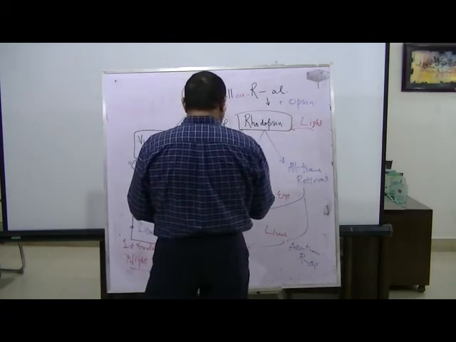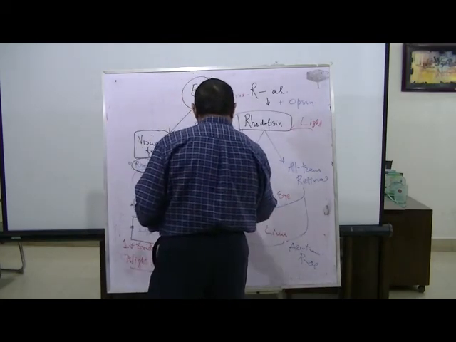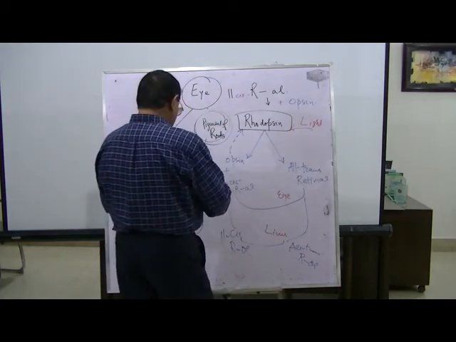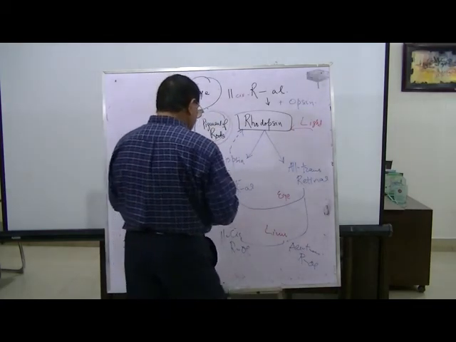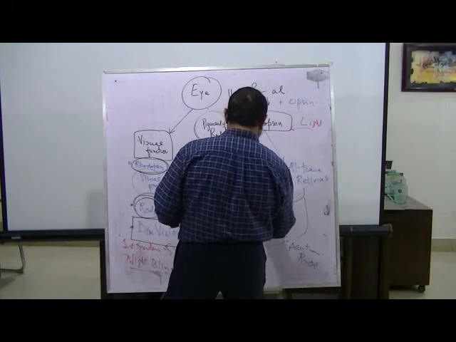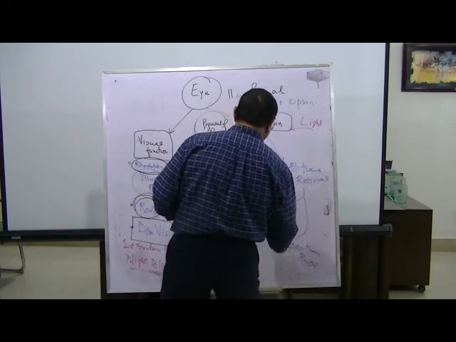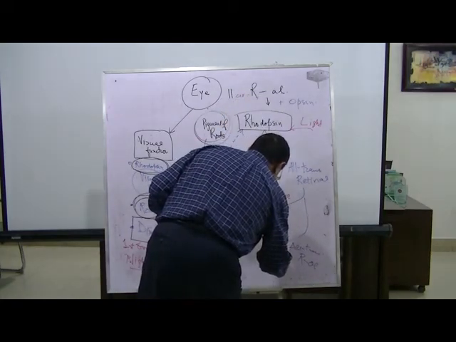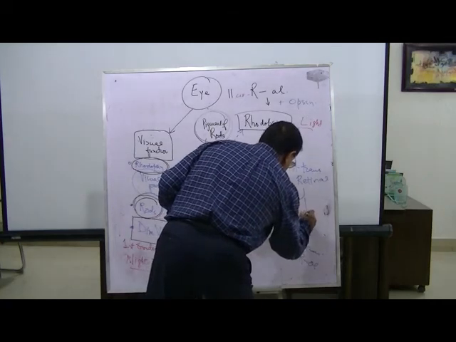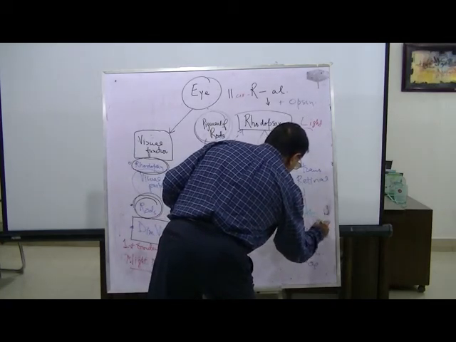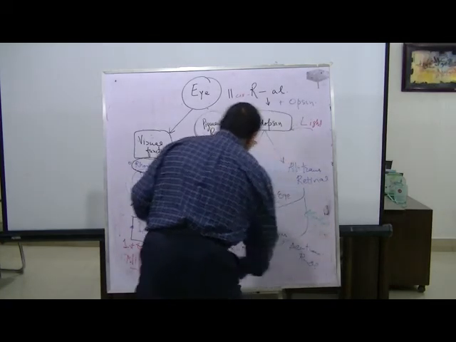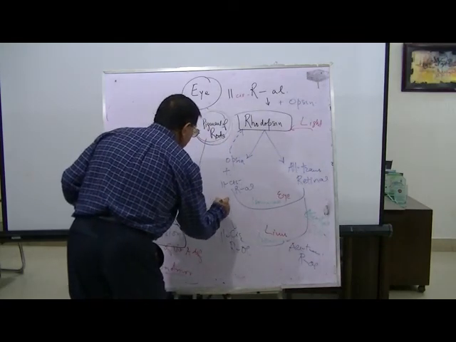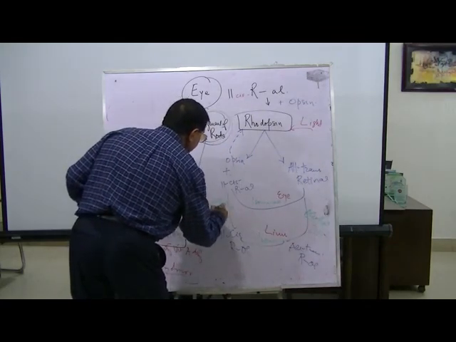And this one is again converted to this. So the enzyme over here is isomerase. This one is also isomerase. But this one is alcohol dehydrogenase, and this one over here is also alcohol dehydrogenase.